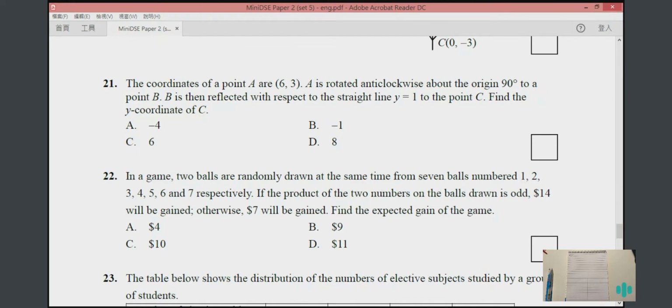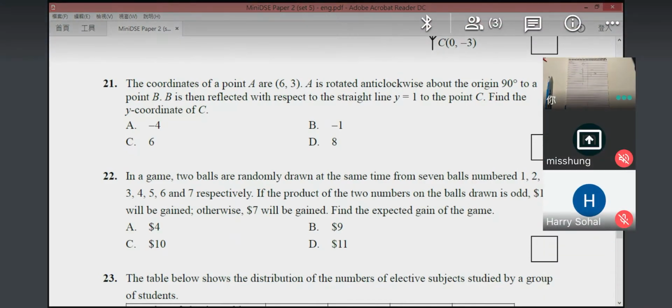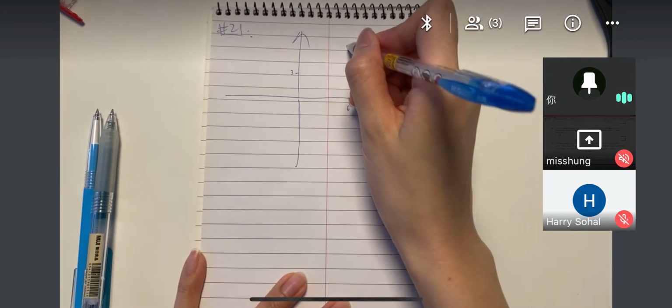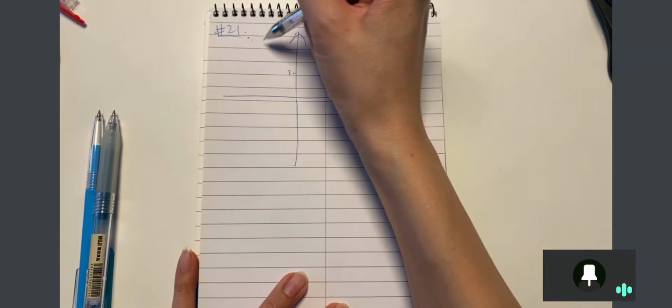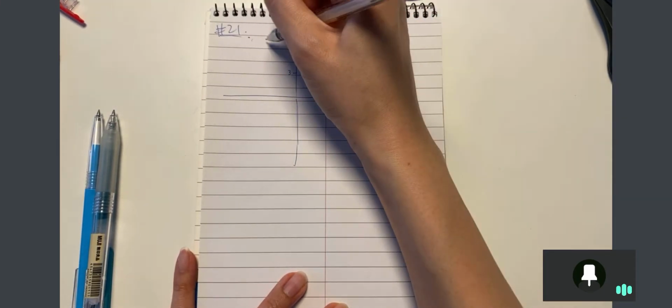So be careful. Draw the coordinate plane. Draw the point (6, 3). It is A. A is rotated anti-clockwise. Okay, A is here. It is rotated anti-clockwise to point B. That means B is something here.